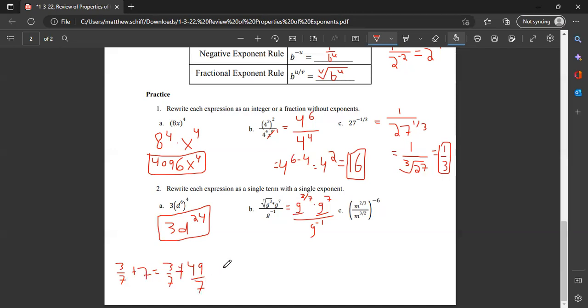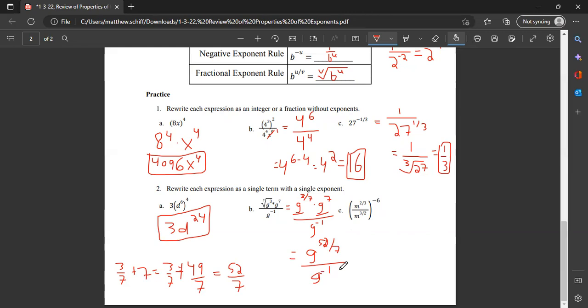And then I do 3 plus 49 to get 52 over 7. So now I have g to the 52/7 power, all of that over g to the negative 1 power.